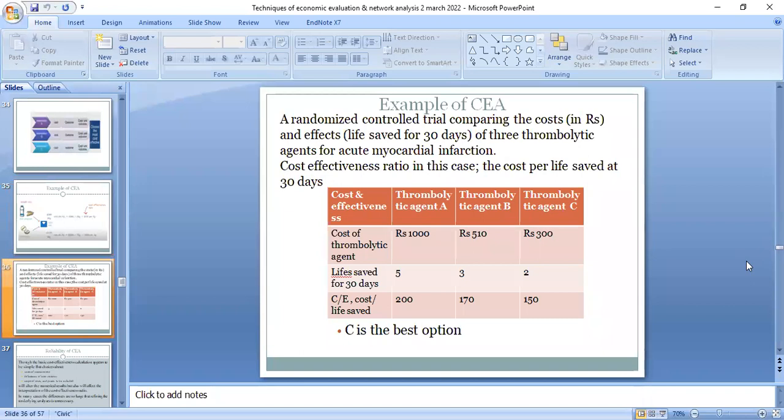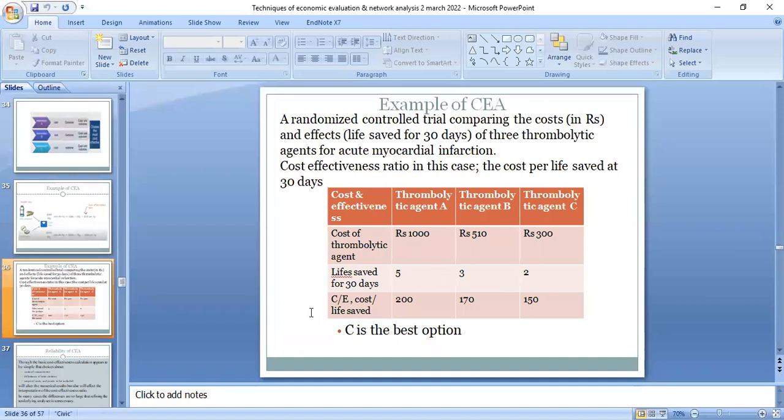There is another example of cost effectiveness analysis, a randomized control trial comparing the cost in rupees and effects, life saved for 30 days, of three thrombolytic agents for acute myocardial infarction. Cost effectiveness ratio in this case is the cost per life saved at 30 days. Now the cost and effectiveness of the three thrombolytic agents, that is thrombolytic agent A, B, and C. The costs of thrombolytic agents A, B, and C are 1,000, 510, and 300 rupees respectively, and lives saved at 30 days are 5, 3, and 2 for the three agents.